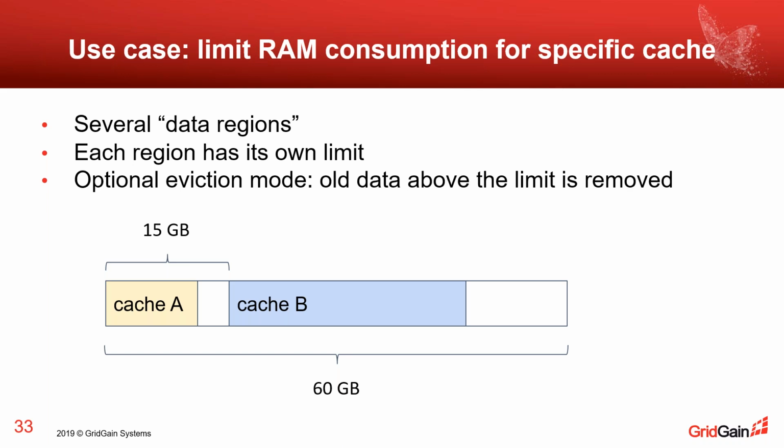And you can continue loading your data to cache A, but there's no chance that cache A will try to allocate some space that is reserved for cache B. Instead, as it has eviction mode, the data will be just evicted from cache A. So the total amount of your data will still be 15 gigabytes, but it will be only the hottest data because the coldest data was removed during the eviction process.